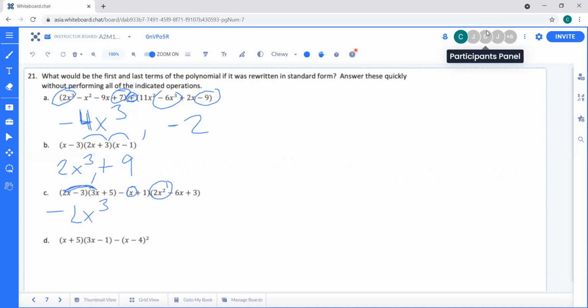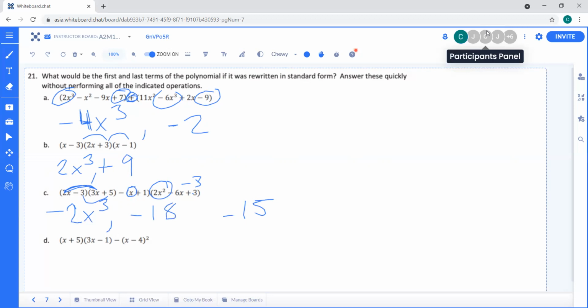So that's not going to be my first term in my standard polynomial. Okay. The last term is a little bit more tricky. So we have to look at these two. That's going to be a negative 15. And we would negate this 3. That becomes negative 3. So the last term would be a negative 18.